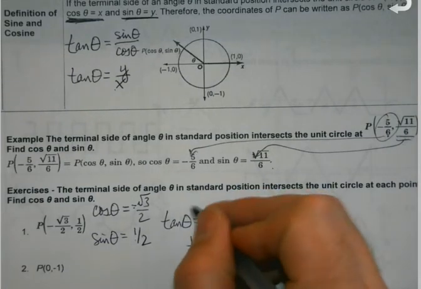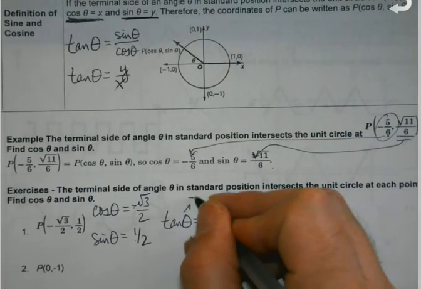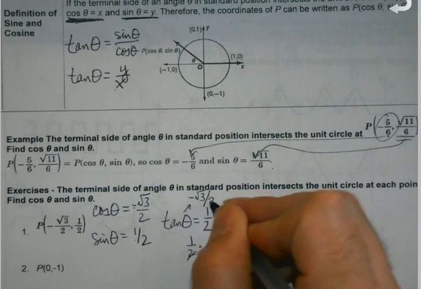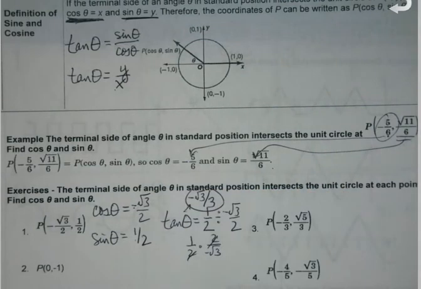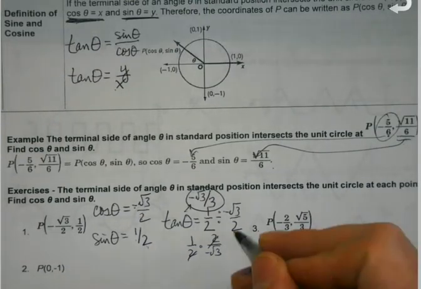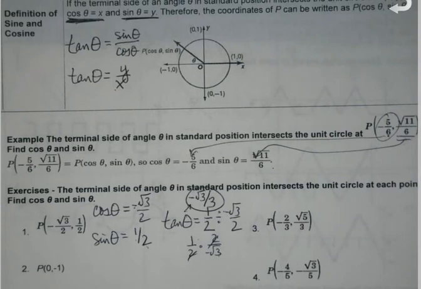So my tangent of theta would actually end up being negative square root of 3 over 3. So basically what will happen for you on all of these is that these are going to cancel out each time, so you don't have to necessarily write all that out. You can just look at that second one's reciprocal, and it's going to go into the denominator.